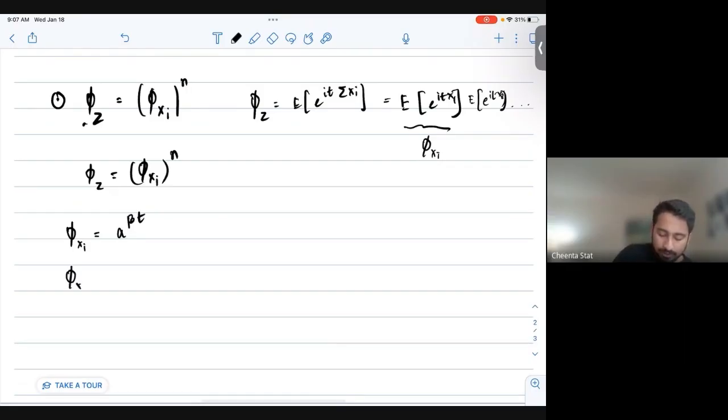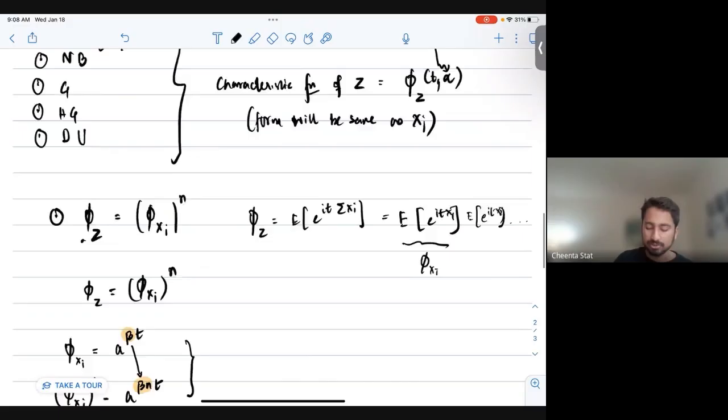Then phi of Xi whole to the power n will be of the format a to the power beta n t. So this beta will be transformed. You understand? This gives an idea that if it's of the exponential format, then it will be of a similar class and format. The beta is transformed to beta n.